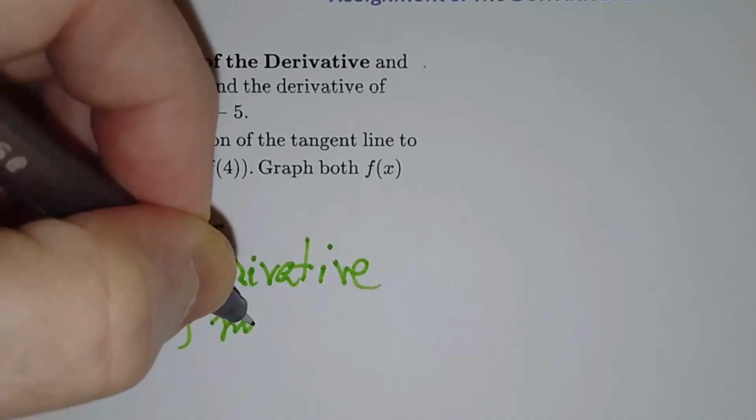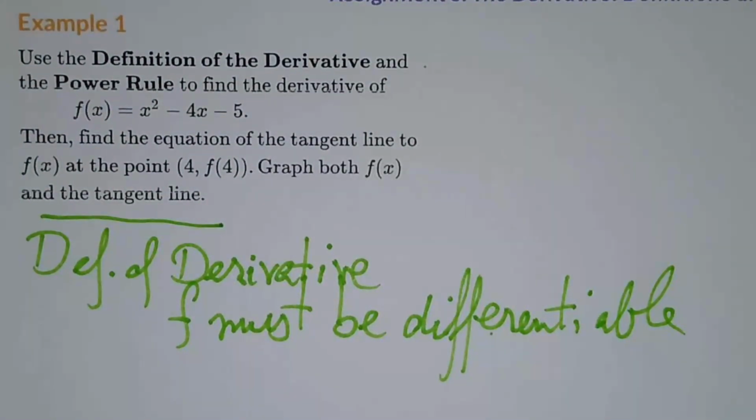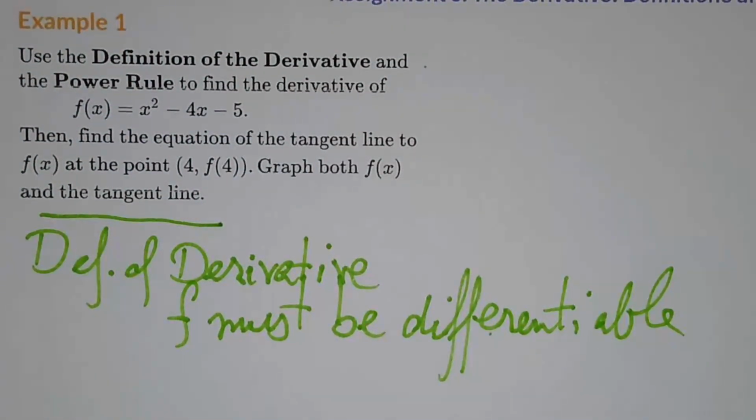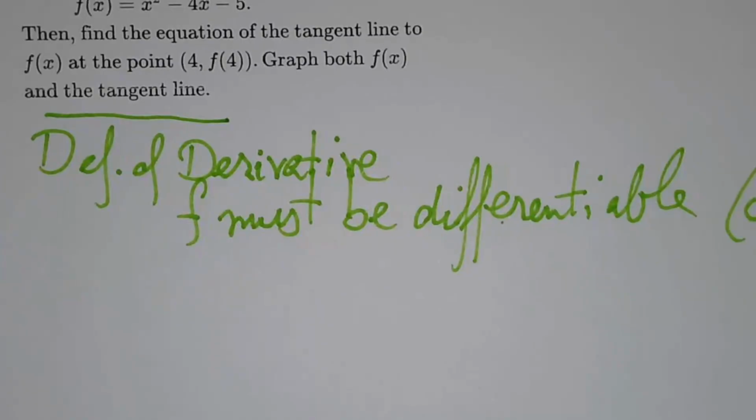F must be differentiable, and differentiable basically means that F is continuous and smooth, no corners. Continuous and smooth.